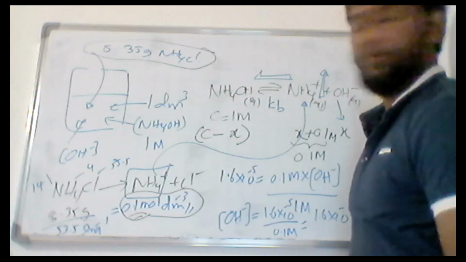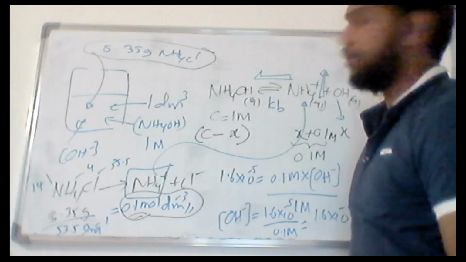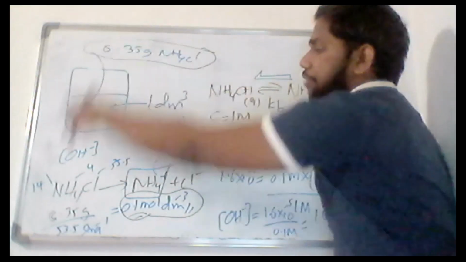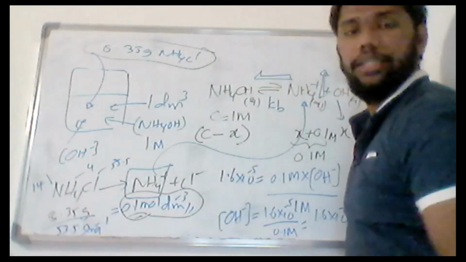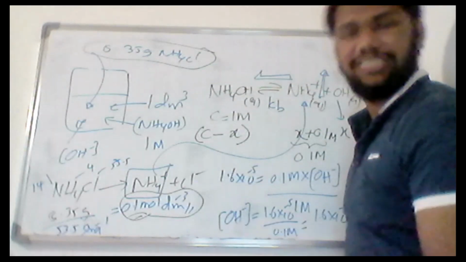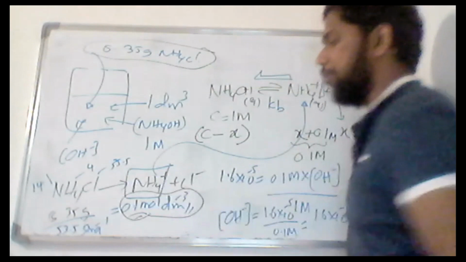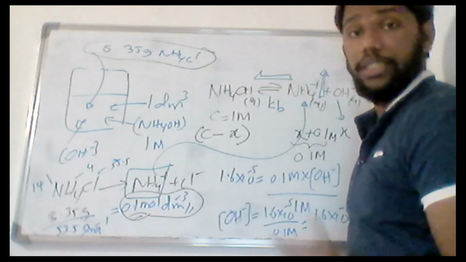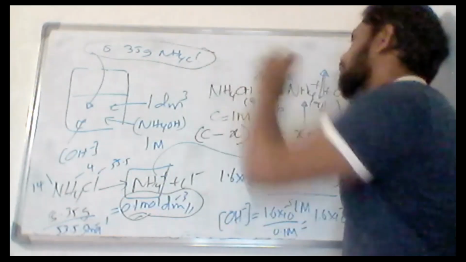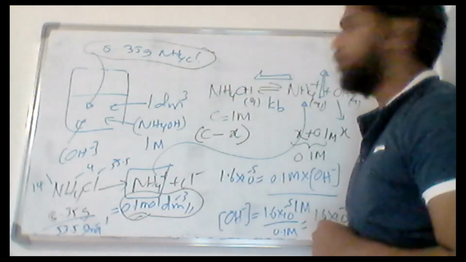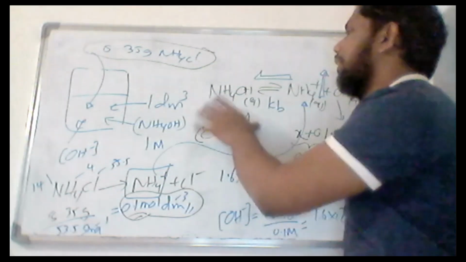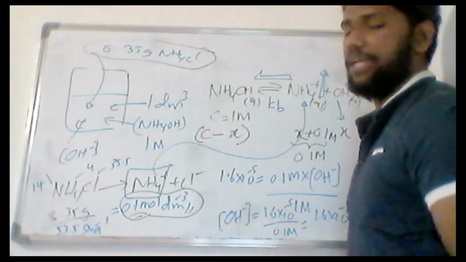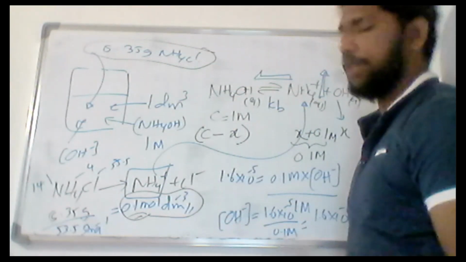Right, so what we have done, first we took the amount of ammonium chloride that we added. Using this, we can find the number of moles of ammonium plus in the solution. So it will be 0.1 m in the solution. Then we think about our equilibrium reaction. If you consider this equilibrium, the initial concentration they have given is 1 m ammonium hydroxide.